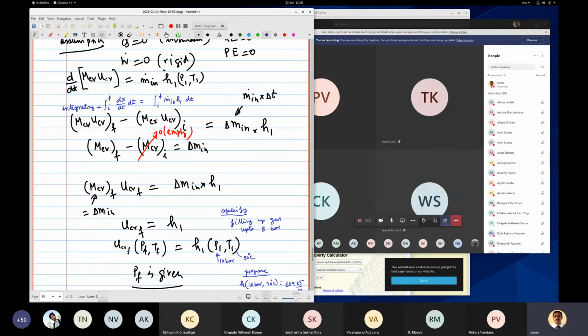That is, the mass coming in is equal to the change of mass inside the bottle, and that is U_CV, the final specific internal energy, in joules per kg is the unit, right? Finally, whatever internal energy you have inside is equal to the enthalpy at the header.